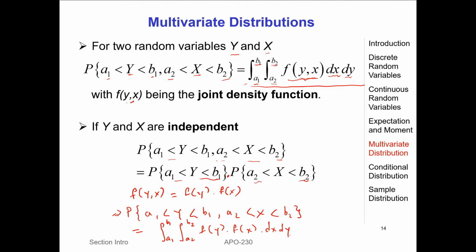But remember, only when they're independent. Otherwise, this will not ultimately equal this product. We will have an example later.